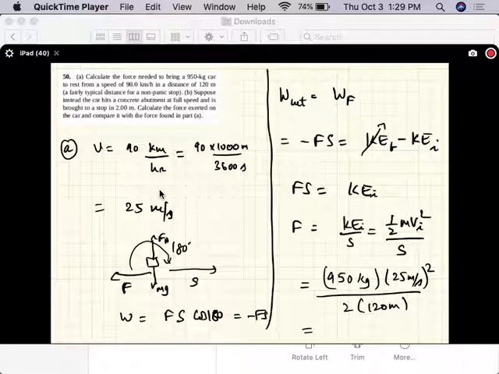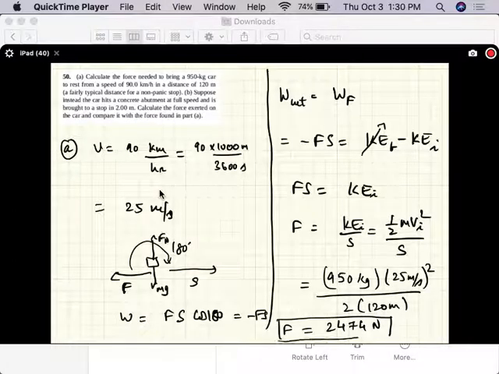Okay, and that'll work out in newtons. So the braking force is 2500 newtons.